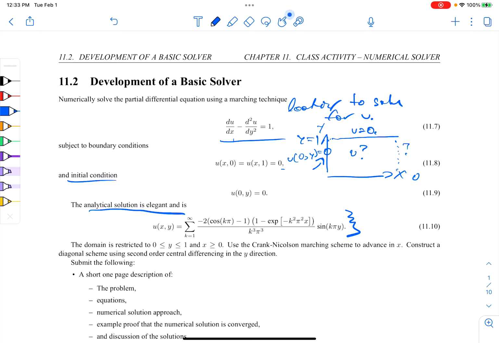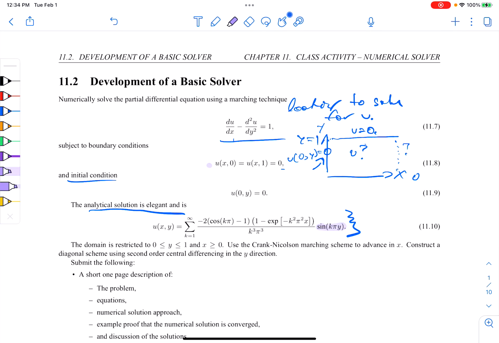You can learn a lot physically if you have an analytical solution to this PDE. If I look at this term, sine k pi y, you can see that it goes from, say, 0 to 1, and there's a pi term, so if k is 1, then it's the sine of pi y from 0 to 1. And that definitely enforces my boundary condition of 0 at both ends. So just looking at the equation from a physical point of view, it absolutely enforces the boundary condition, which is here.